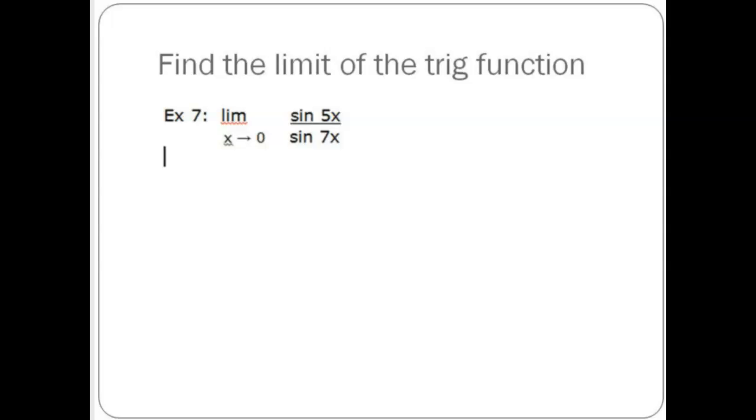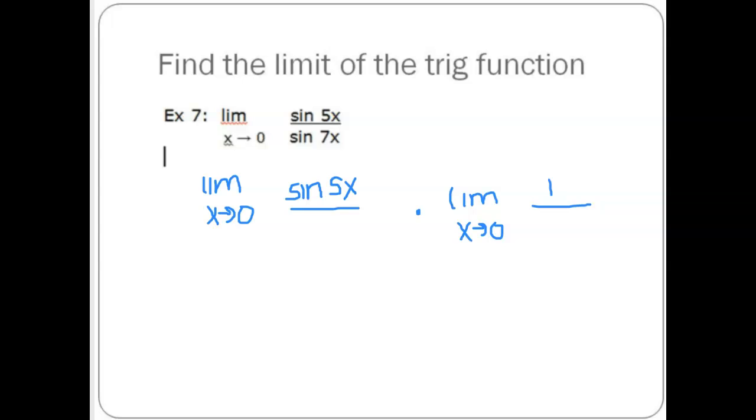So now it's kind of nice to think about this problem as the limit as x approaches 0 of sine 5x times the limit as x approaches 0 of 1 over sine 7x, which means I need an x here and an x there.